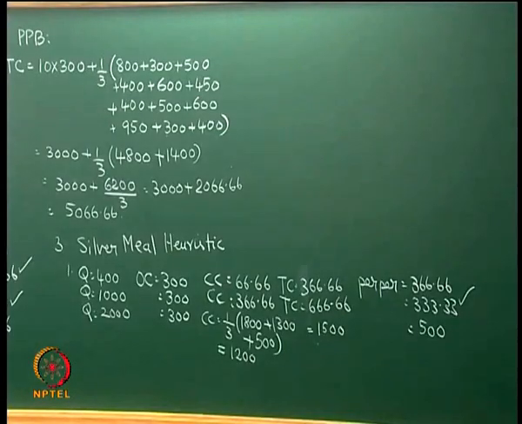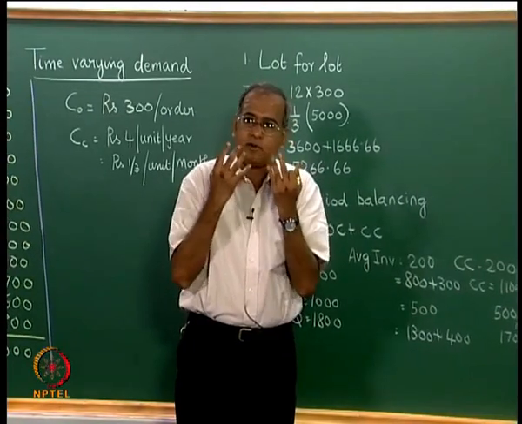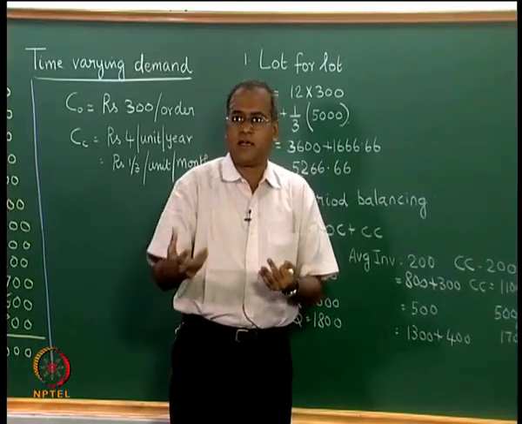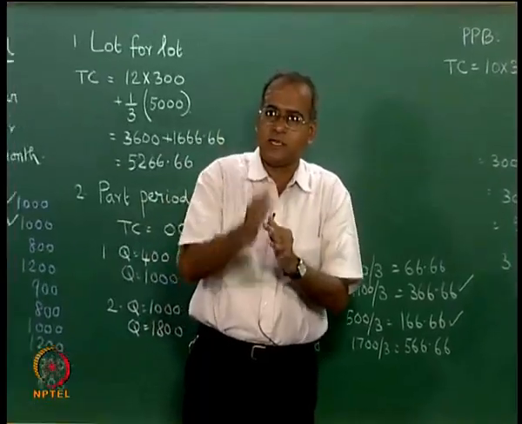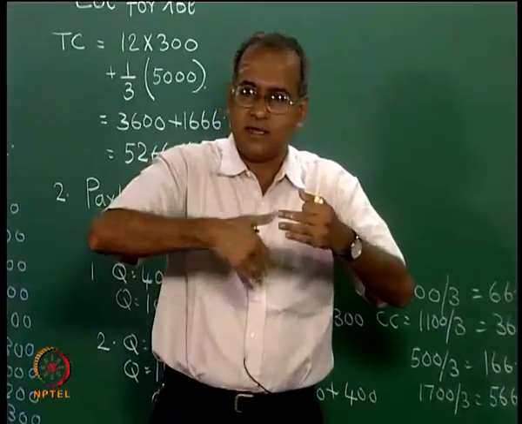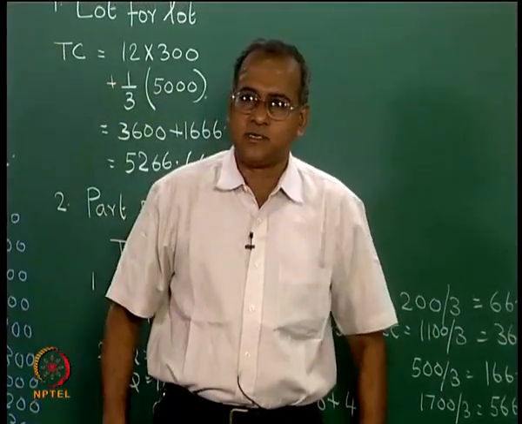The reason I said it is similar to part period balancing, but different, is that both of them essentially try to trade off between the order cost and the carrying cost. Part period balancing explicitly tries to see if the additional carrying cost exceeds the order cost.